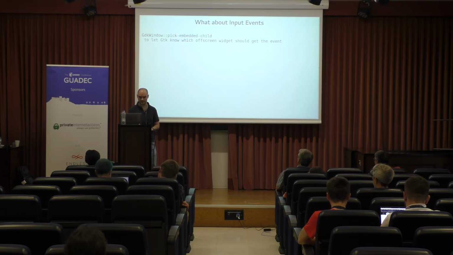There's one special method that you can implement called pick embedded child. That's basically something GTK runs before sending events to the widget, so that it can decide for which off-screen widget the event should be dispatched.